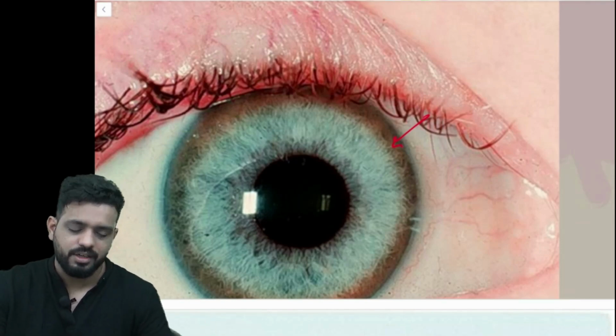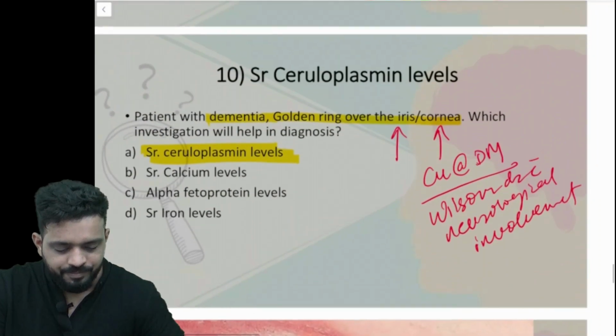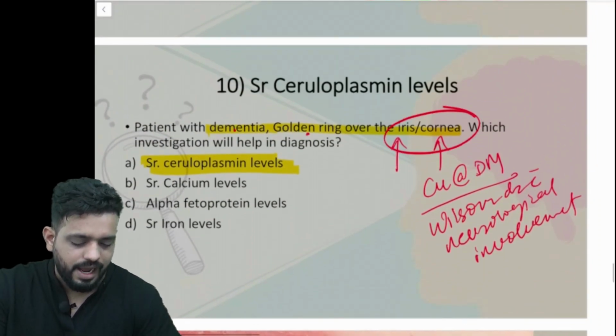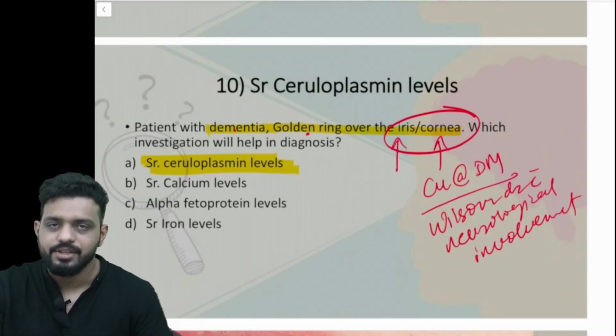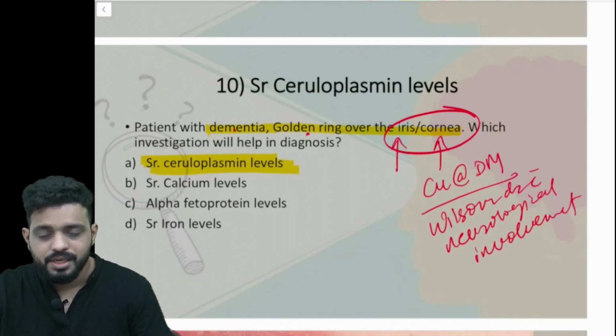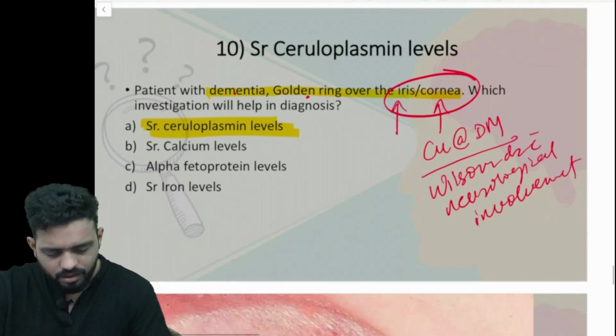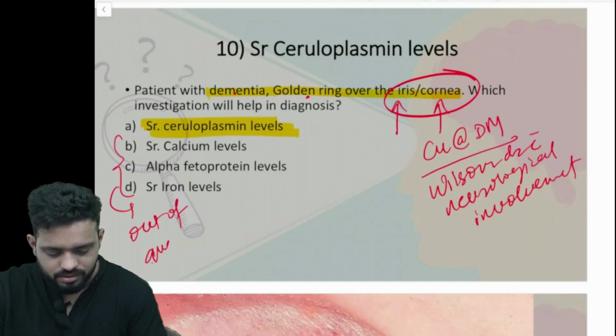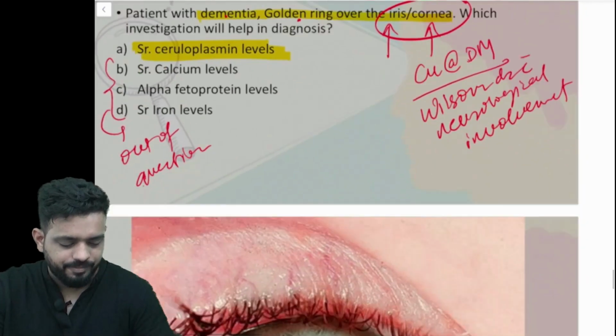Iris or cornea doesn't matter. We have to catch the salient features, that is dementia, golden ring. Talking about the eye, that is over cornea, iris. It has to be Wilson's or other cholestatic disorders. So you have to do ceruloplasmin levels. The other options are out of question, because this was a very straightforward answer.